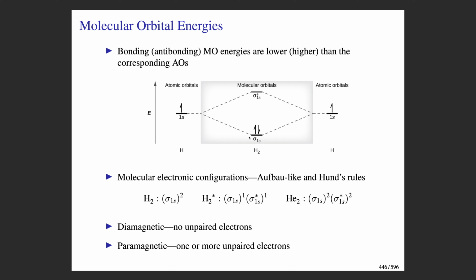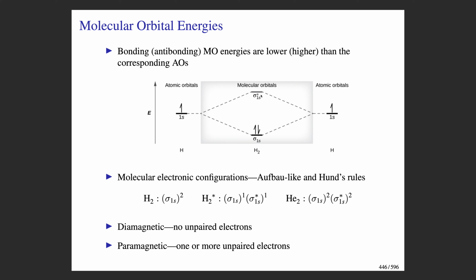Now the molecular orbitals are represented in the middle here. The bonding orbital, which is constructed from the 1s orbitals and has a sigma type, is lower in energy than the anti-bonding molecular orbital. Now, what we want to do is fill in the electrons that each atom contributes into the molecular orbitals.